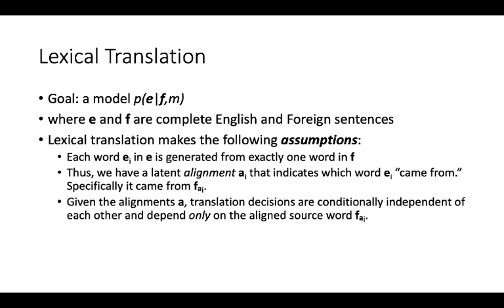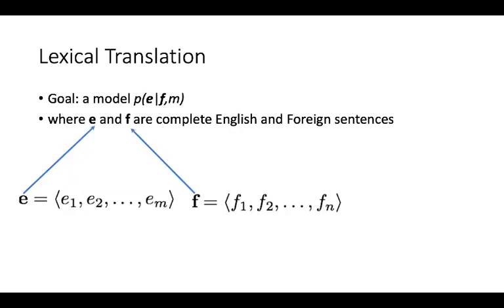And so here we have a latent alignment. We only observe the source sentence and the target sentence, the English sentence and the foreign sentence. And we want to estimate how well those words align between, for example, EI up to EM, and F1 up to FN.